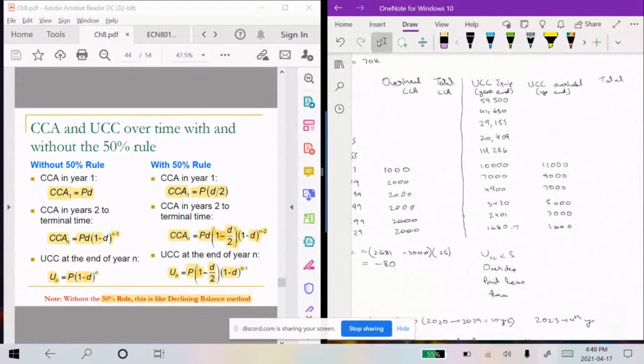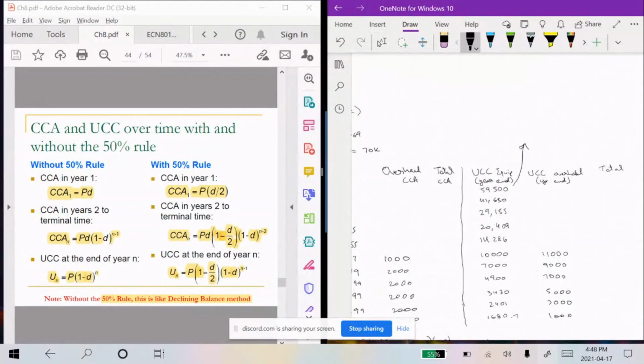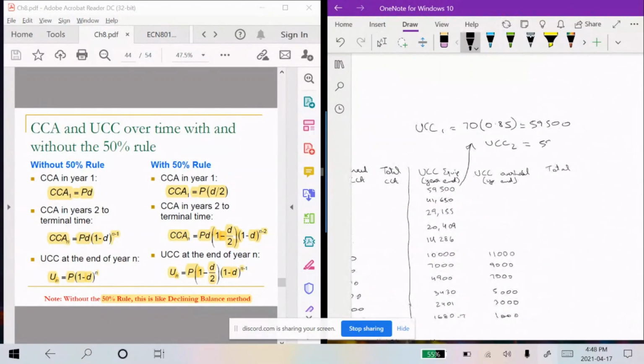The way I found this 59,500 was, UCC1 equals 70,000 into 0.85, which gets 59,500. And then UCC2, you take the 59,500 and multiply that by 0.7, because what's left in the second one is 70% of the first one.